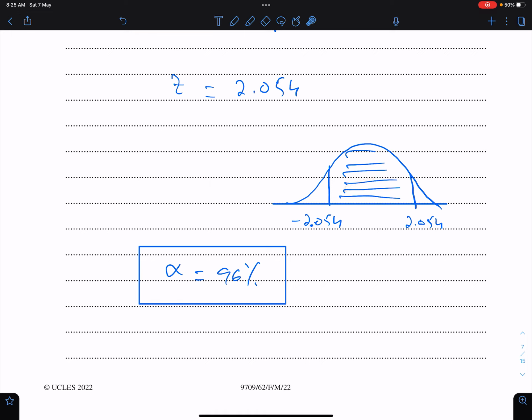If you are using the latest version of the calculator, then you need to put this as lower limit and this as upper limit, and the calculator will give you this area. If you are using the old version, then you should find this area first. This and this, both areas are the same. So when you subtract these two areas from 1, you will get this area.